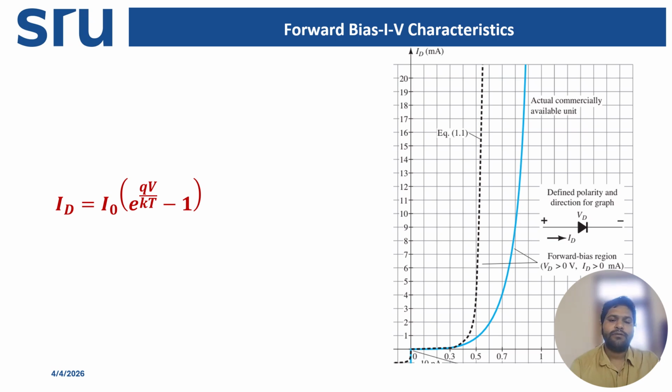I_D is the diode current, I_0 is the reverse saturation current, q is the charge of the electron, k is the Boltzmann constant, T is the temperature, and V is the applied voltage. The IV characteristics curve shows the relation between applied voltage and resulting current in the diode.